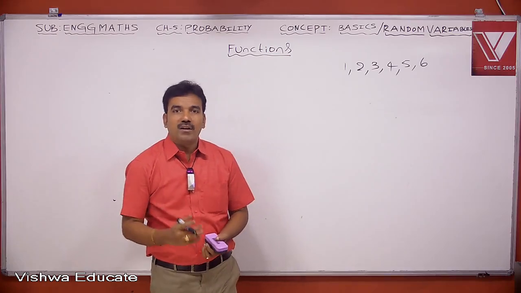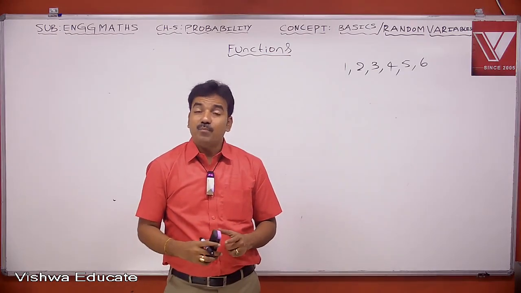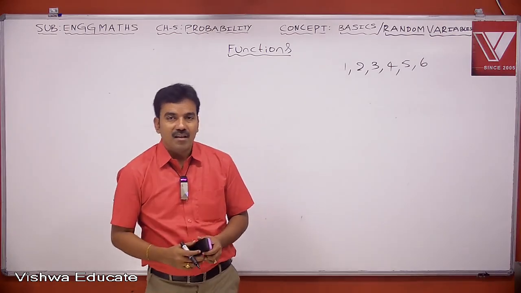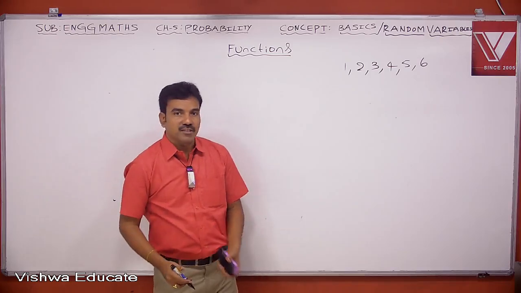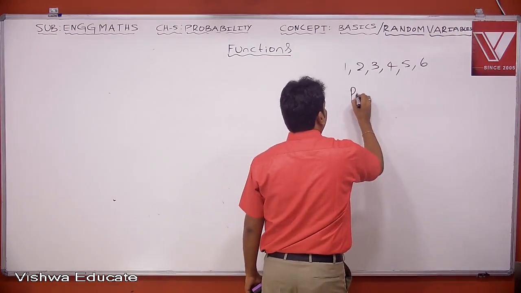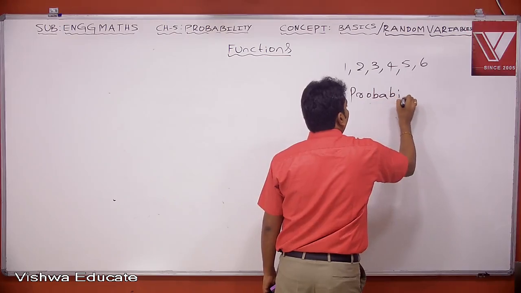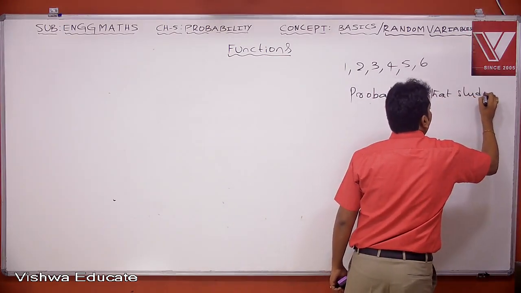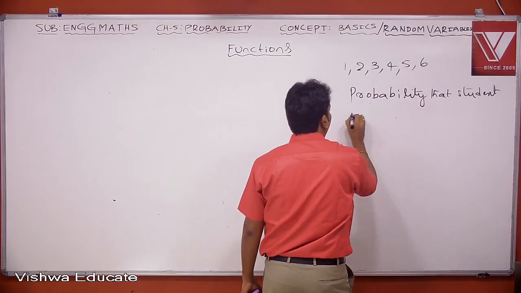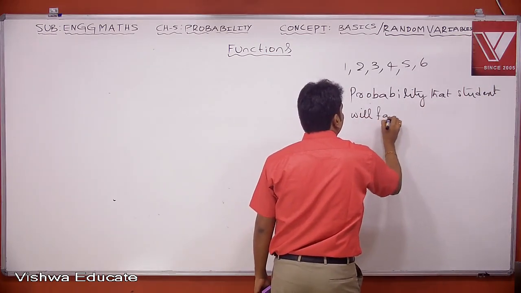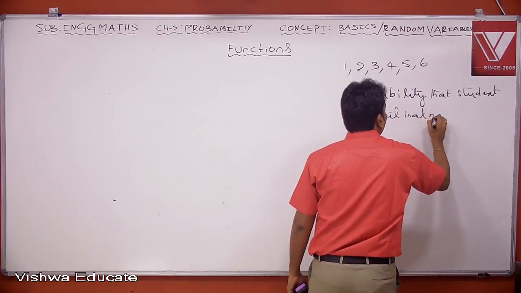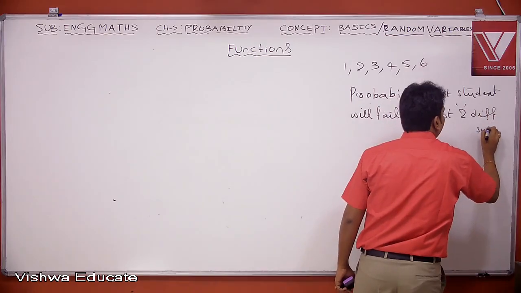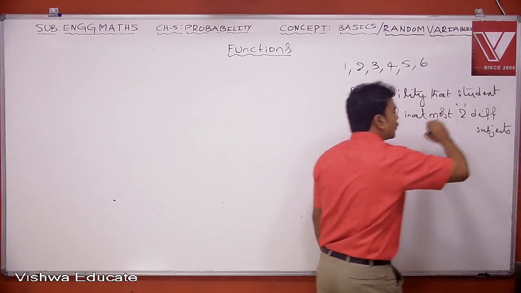Now, what is the probability that the student will fail in at most 2 different subjects?